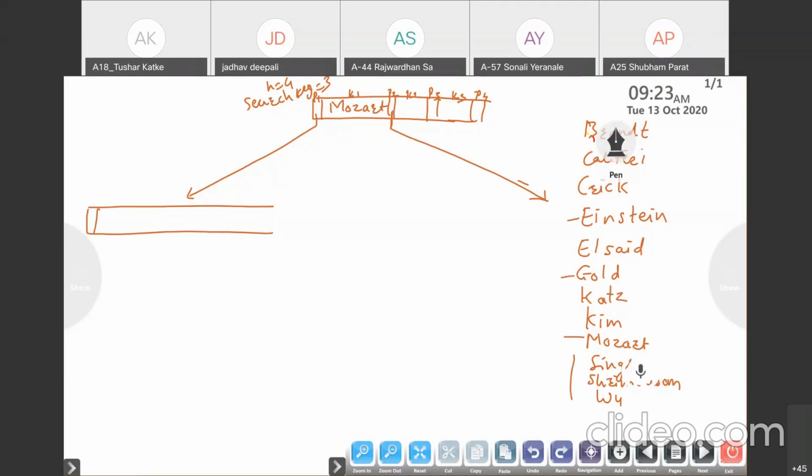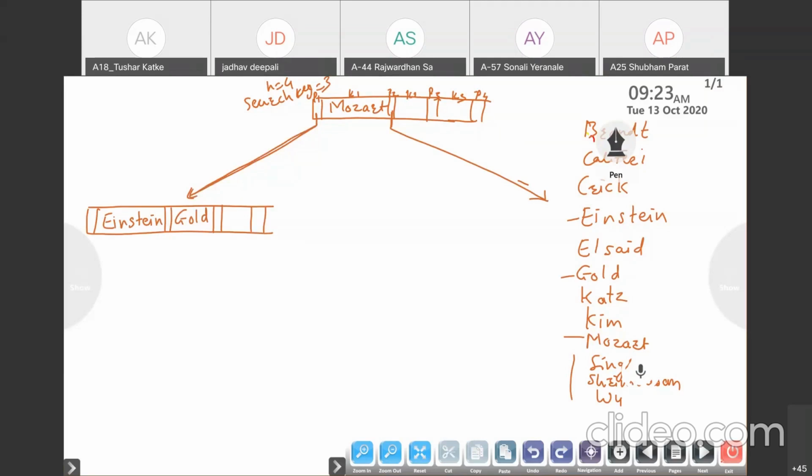I choose Einstein and gold in this subtree. It is not necessary that you have to use all the pointers and all the search key values. Whatever is required, that only we use. Again the pointer P1 points to the subtree whose values are less than Einstein. So I use here Einstein and gold.